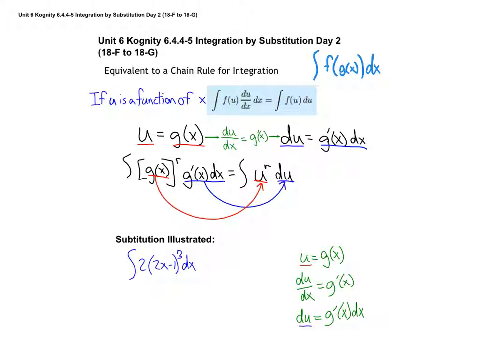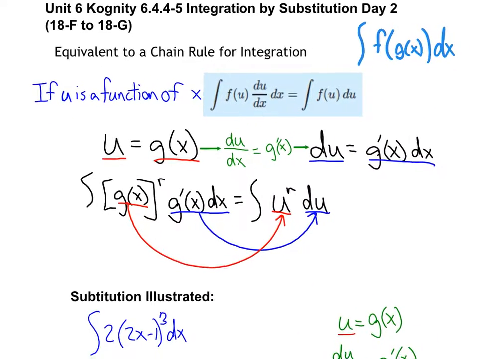Well, I can actually substitute out and make this, instead of another function, I can simply change the variable that I'm dealing with, okay? And this is kind of an equivalent to a chain rule. It's not really a rule, it's a process, okay? But let's look closely at what's going on here.